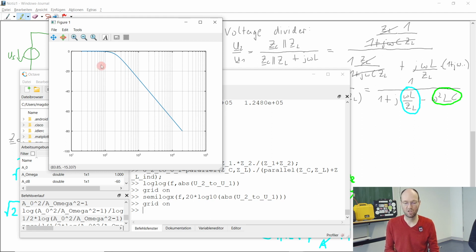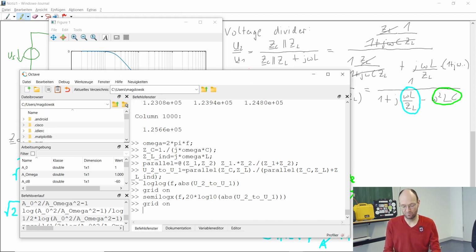And so this is how the transfer function of our filter looks like. The attenuation would be just the inverse of this. And yeah, this is also how the function of a Butterworth filter looks like. The Butterworth filter is, let's say, very flat here, and also has already quite a high attenuation at this corner frequency.